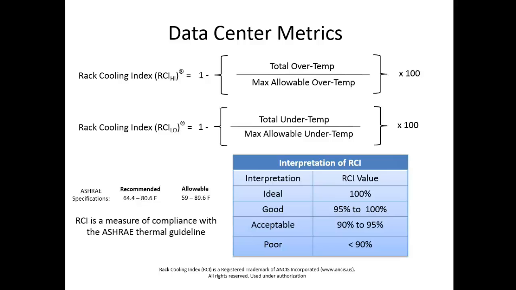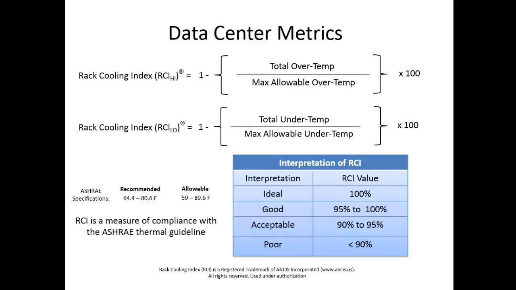And RCI high is taking a look at how your racks overall are complying with that specification. The details of how it's done are less important than the fact that we have a metric here, I think, Magnus, you would agree, that looks at this and calculates it.